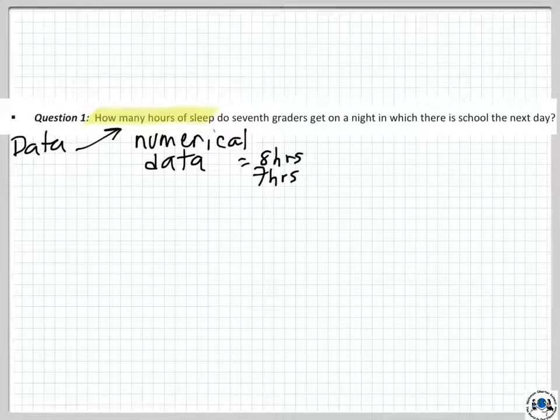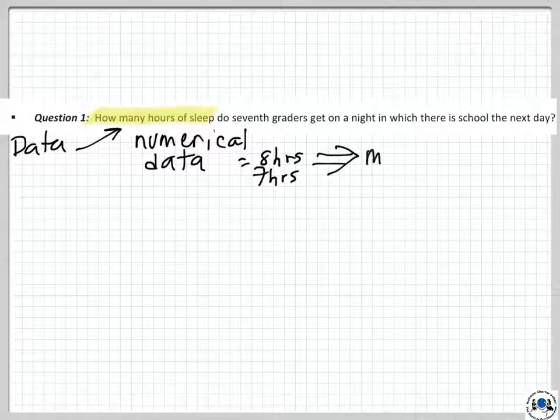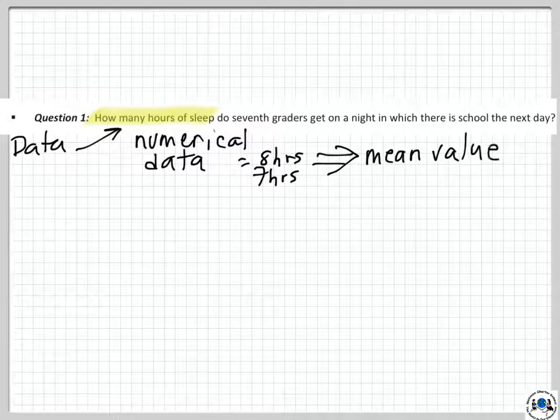It's going to be collected in hours, and then what we're going to do with that is get a mean value, or an average. That's how we'd answer that statistical question. So in this case, you can see that this is a place where we're talking about gathering a mean.